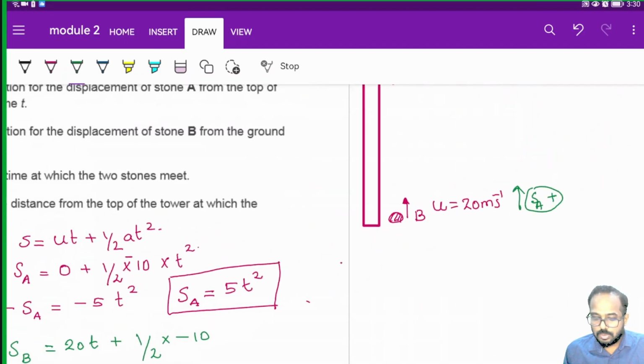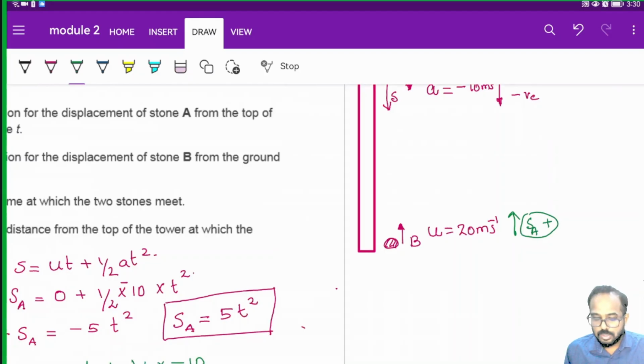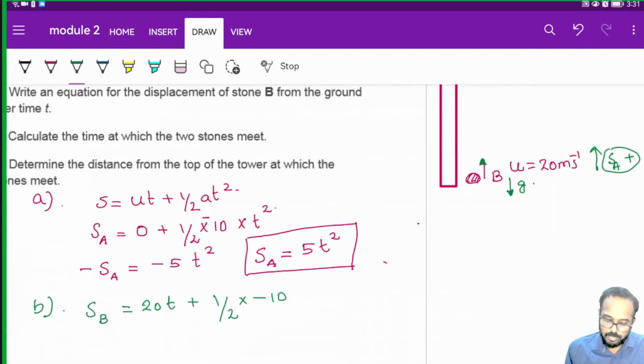Here you need to take it as minus because what is the acceleration? Acceleration is acceleration due to gravity. Gravity will always attract it towards its center, right? So g is negative. Downward you have taken as negative. Whether the ball is thrown upward or downward, the direction of gravity is always acting downward. So it is negative into t square.